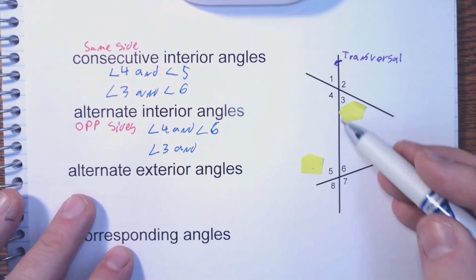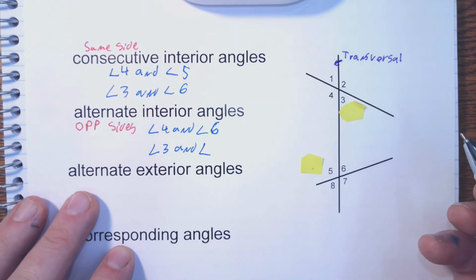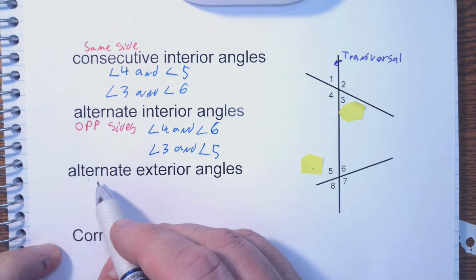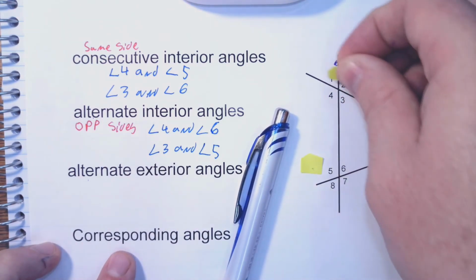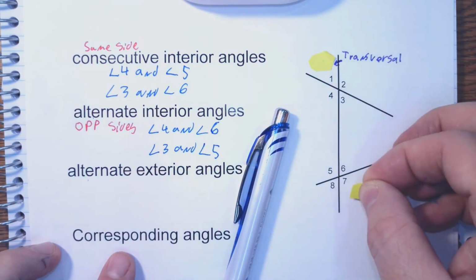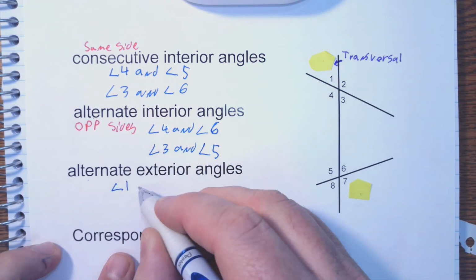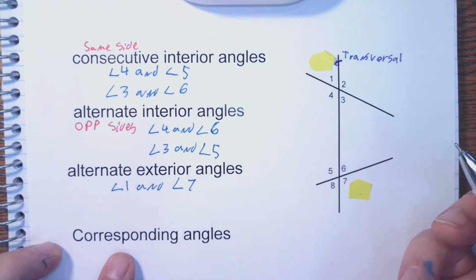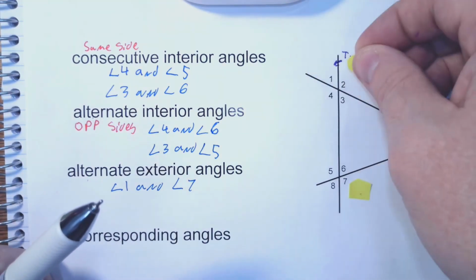They're on opposite sides of this line, right? Angle 5. Okay, alternate, same word again, I don't have to redefine it, still opposite sides. Exterior. So if I'm going exterior, I have to go outside, and so that's going to be angle 1 and angle 7. Right? So far so good? What do we think will go with 2?